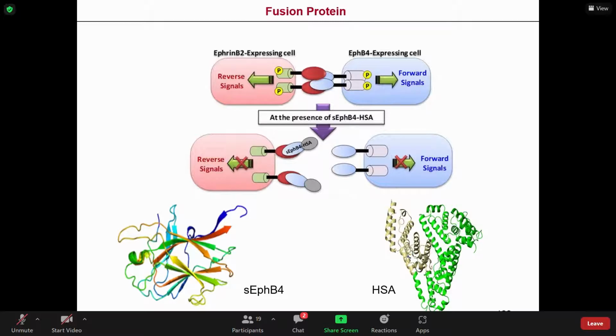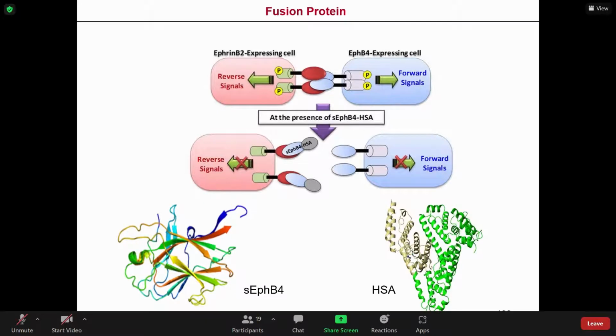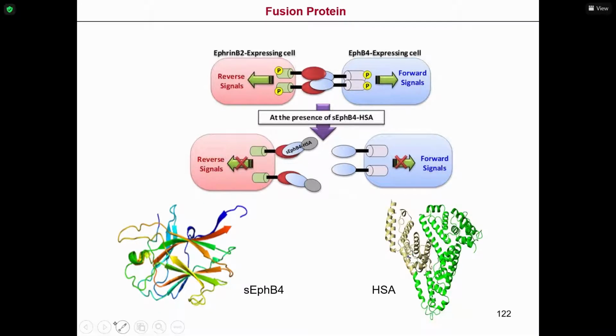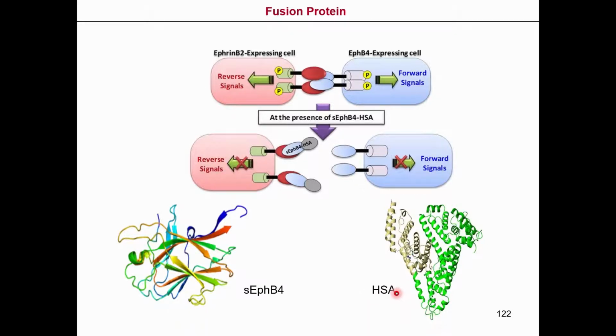It's used in the pharmaceutical industry to know the stability of your protein in the presence of different excipients. In this example, the author used human serum albumin, HSA, and a drug called SEPHB4.